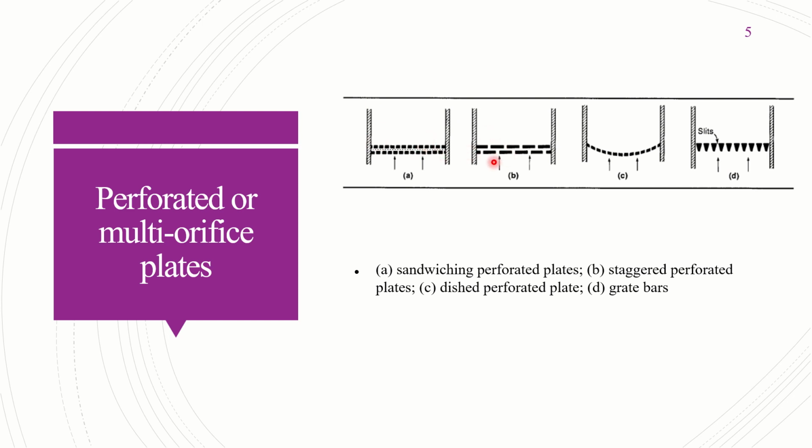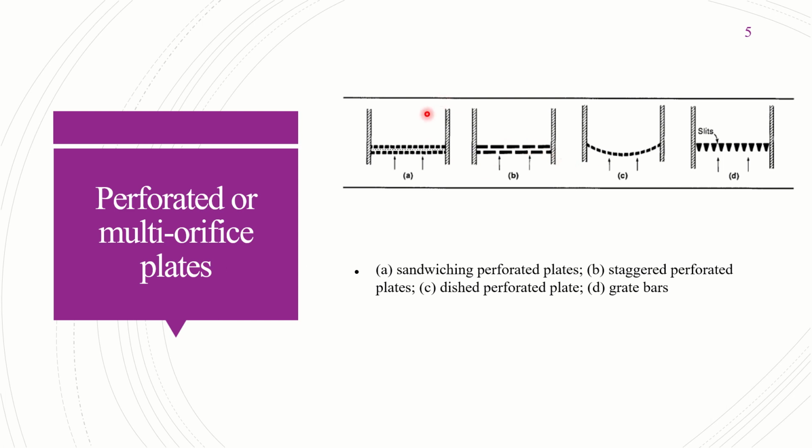And here it is a staggered perforated plate, where we do not have any screen in between. So when a large amount of solids also enters the system, this one would be useful because we do not have a screen in between.